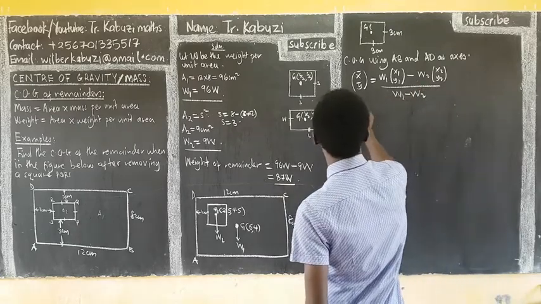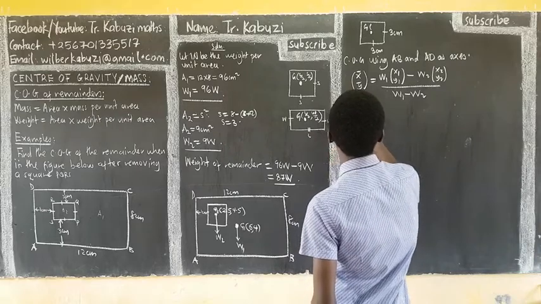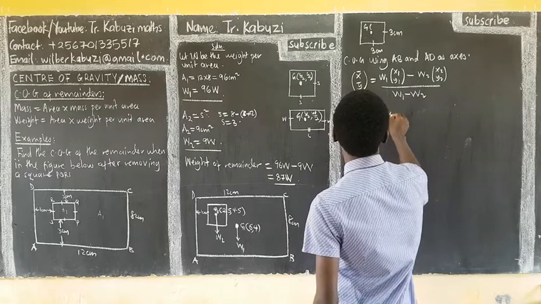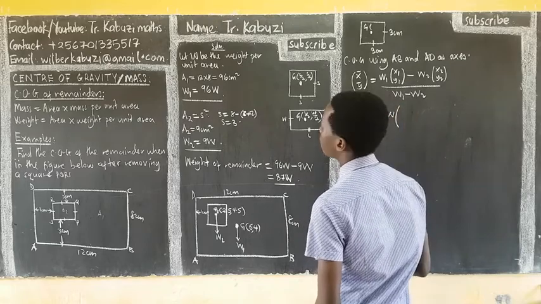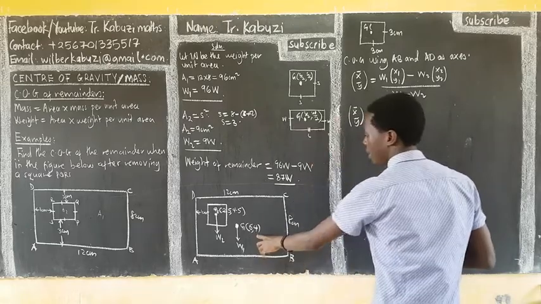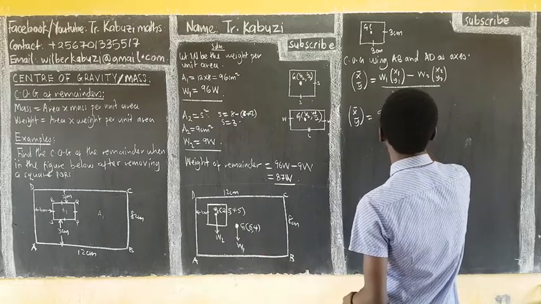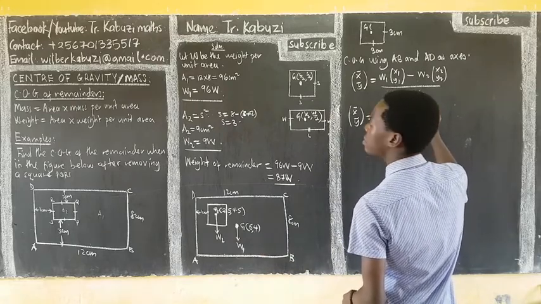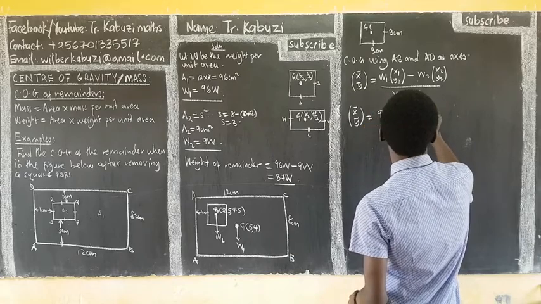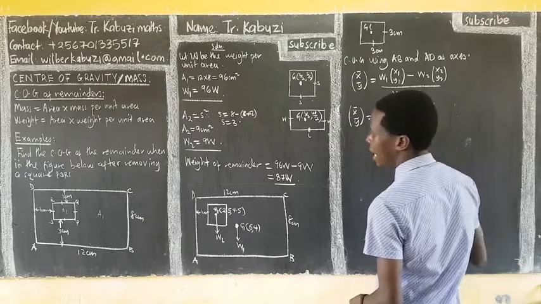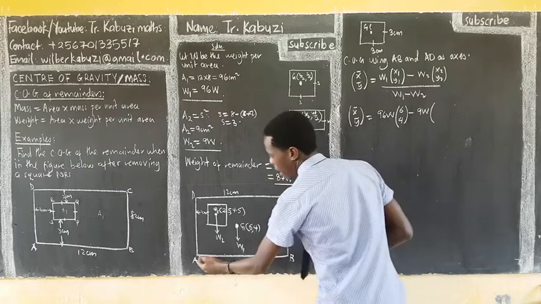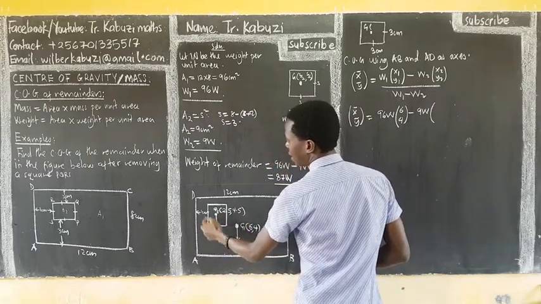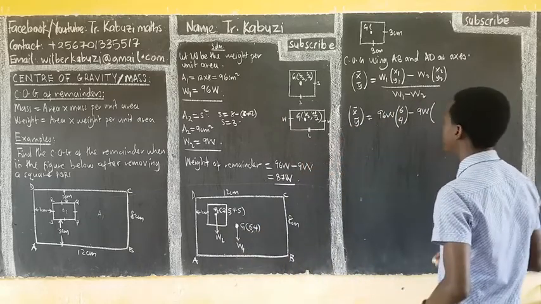So from here, our x bar, y bar is going to be: our first weight is 96 W, times 6, 4, then minus W2, which is 9 W, where is it acting? From AB it is 4.5, and then from AD it's 2.5.